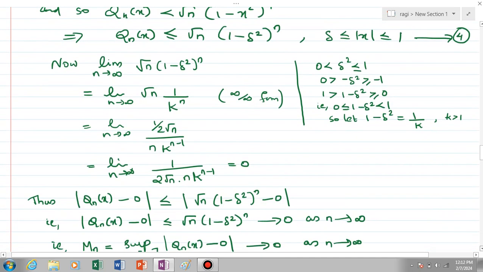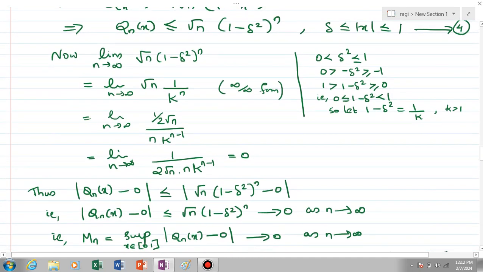That is, modulus of Qn of x minus 0 is less than or equal to modulus of root n into (1 minus delta square) raised to n minus 0. That is, modulus of Qn of x minus 0 is less than or equal to root n into (1 minus delta square) raised to n, because that is a positive quantity, and so the modulus value is equal to that value, which tends to 0 as n tends to infinity, that we have obtained.